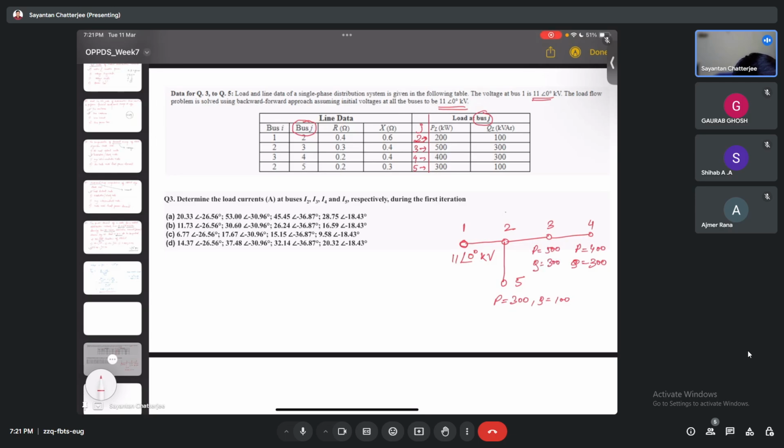For bus 2, P is 200, Q is 100. So these are the node load values, the indication of the node loads can be given as this, right? So this is the data for the load flow.